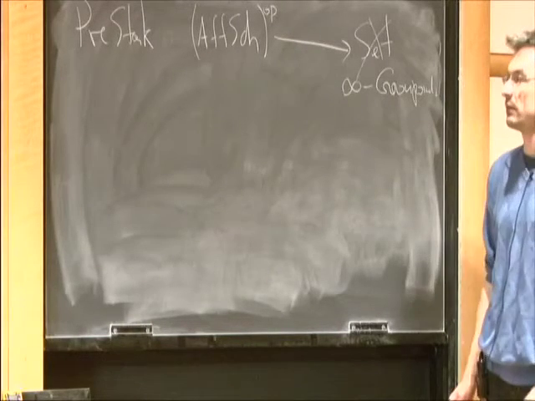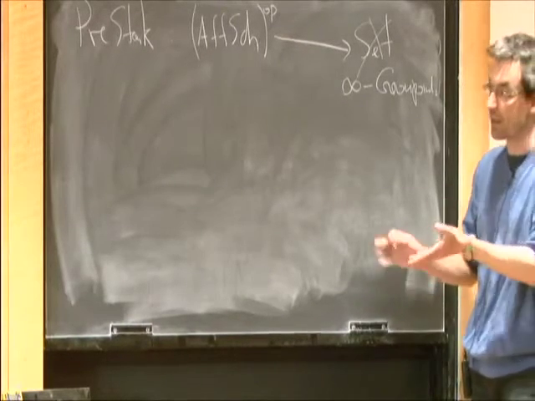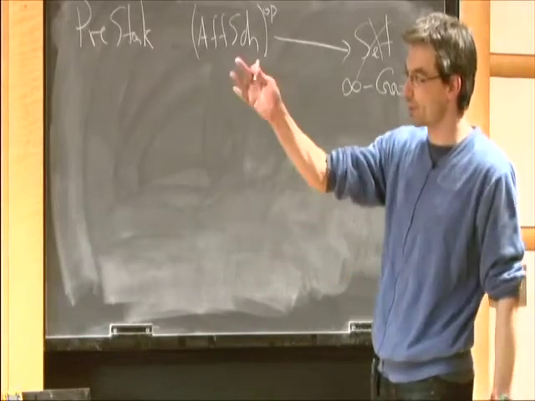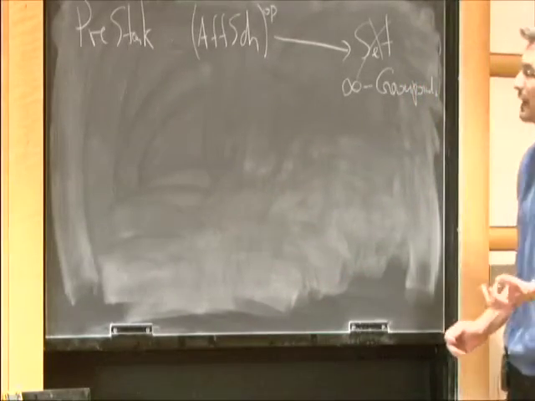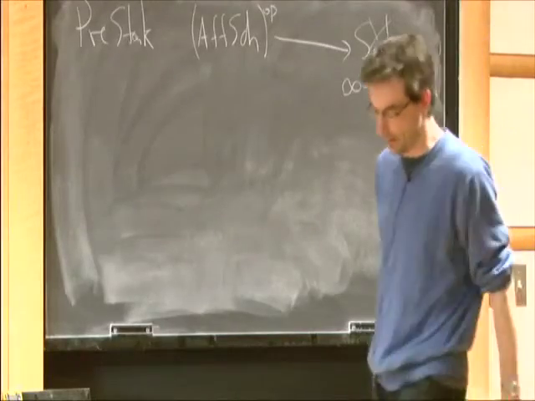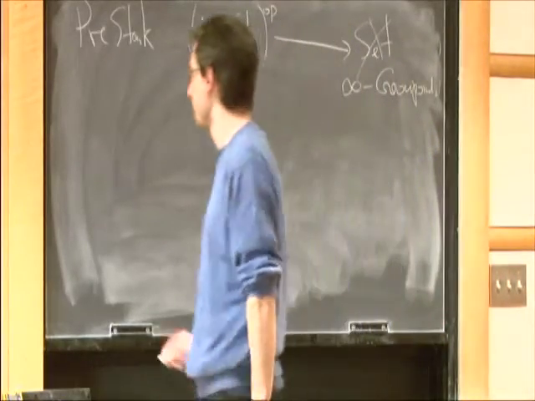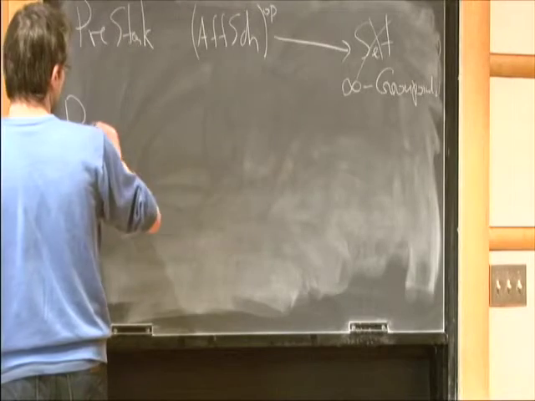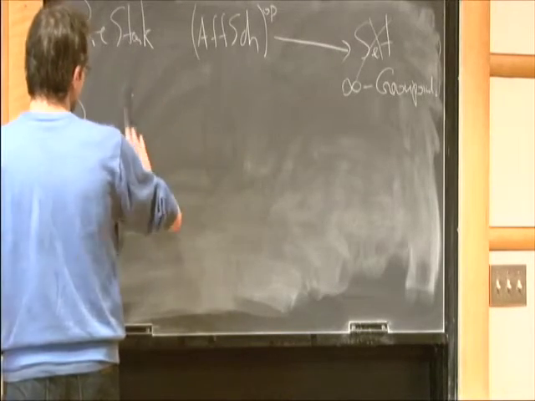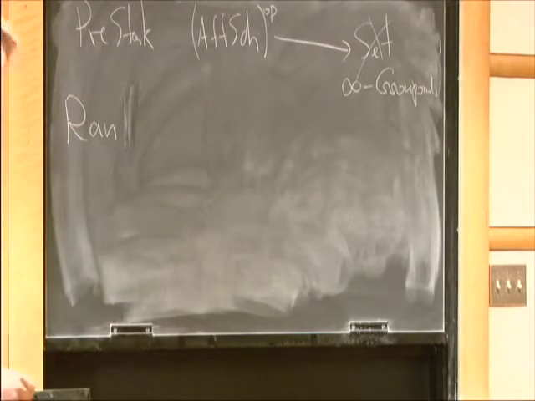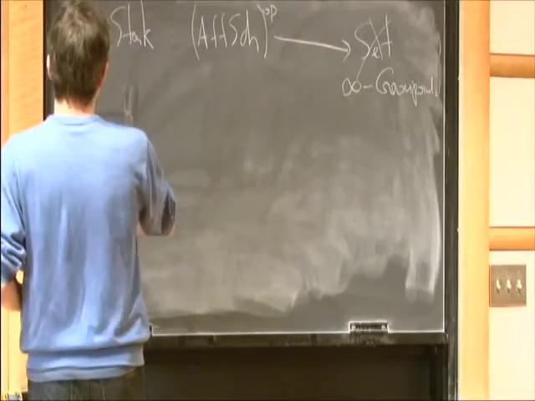I'll right away give you an example of such. One example is, of course, schemes. Another example is BunG, which is one stack, but the object that will appear prominently is the Ran space of my curve. I'll suppress the curve, and it's the following thing.